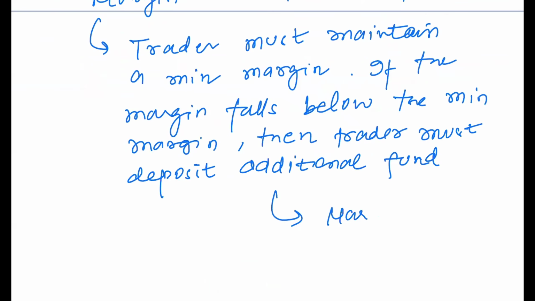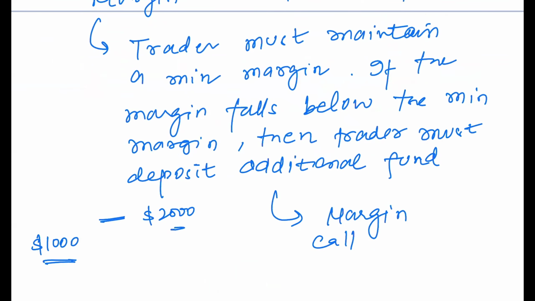Let's say the maintenance margin is $1,000 and you have $2,000. But because of trading activity, we have profits and losses, and since future contracts are marked to market daily, there will be some ups and downs in this value. Let's say now it becomes $1,000.